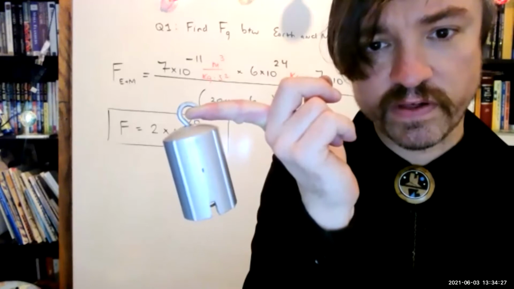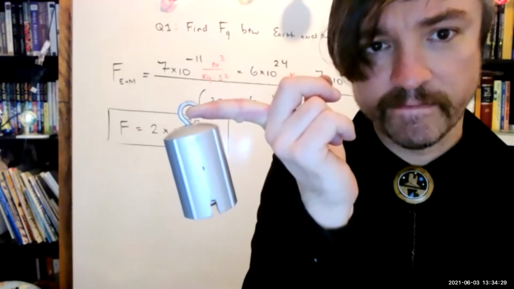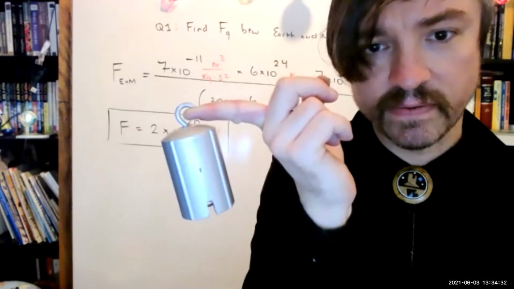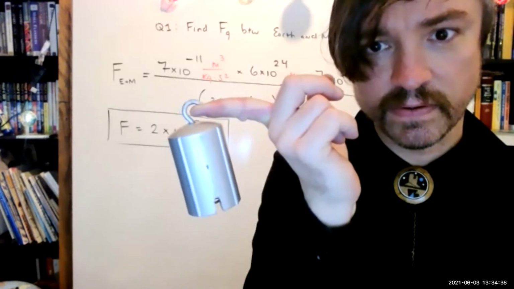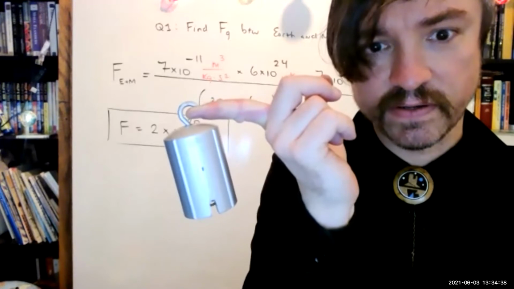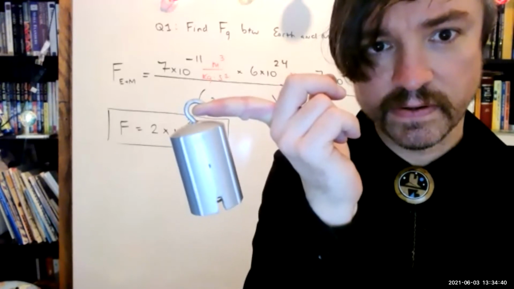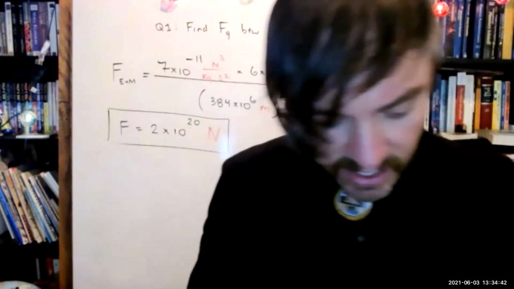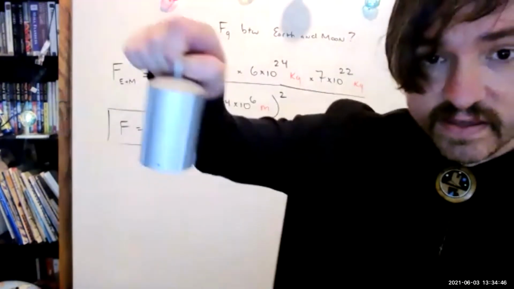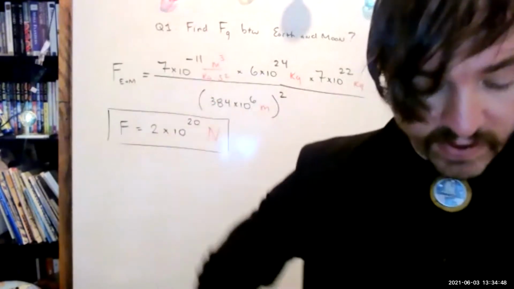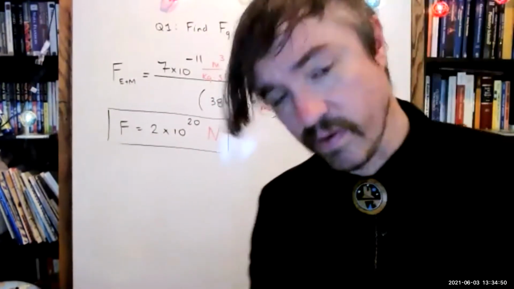So what's the force exerted on my finger right now? 10. 10 what? Meters per second squared. No, that's an acceleration. Newtons. That's right, it's a force. This force, the force of a brick in your hand, is 10 newtons.